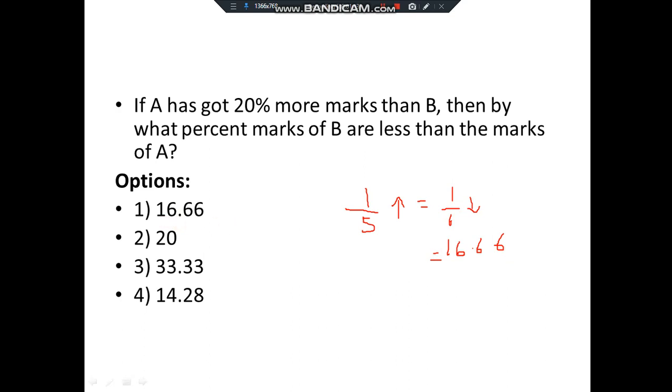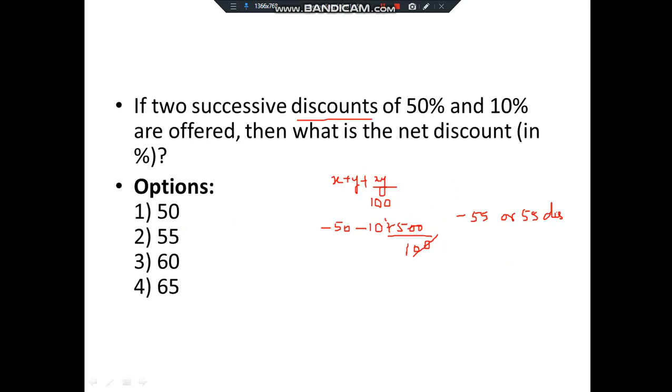Okay. Next question. If two successive discounts of 50% and 10% are offered, then what is the net discount? So we have seen the successive percentage concept. In that we have discussed a formula x plus y plus xy by 100. Okay. So for percentage net change, when you get that question, we'll use the same formula.